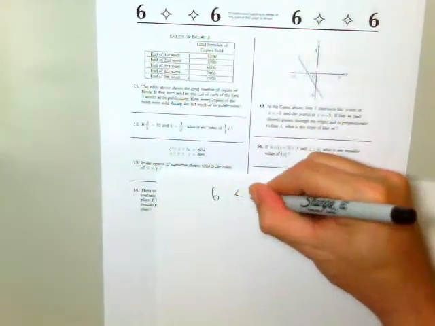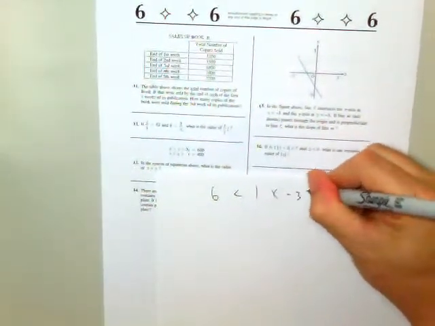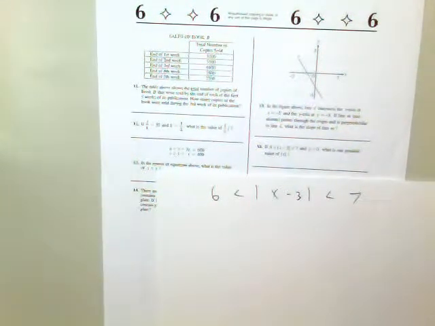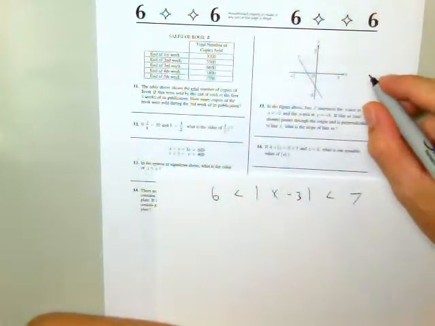If 6 is less than the absolute value of x minus 3 is less than 7, and x is negative, what is one possible value for the absolute value of x? Okay. Well, how about negative 3.1?